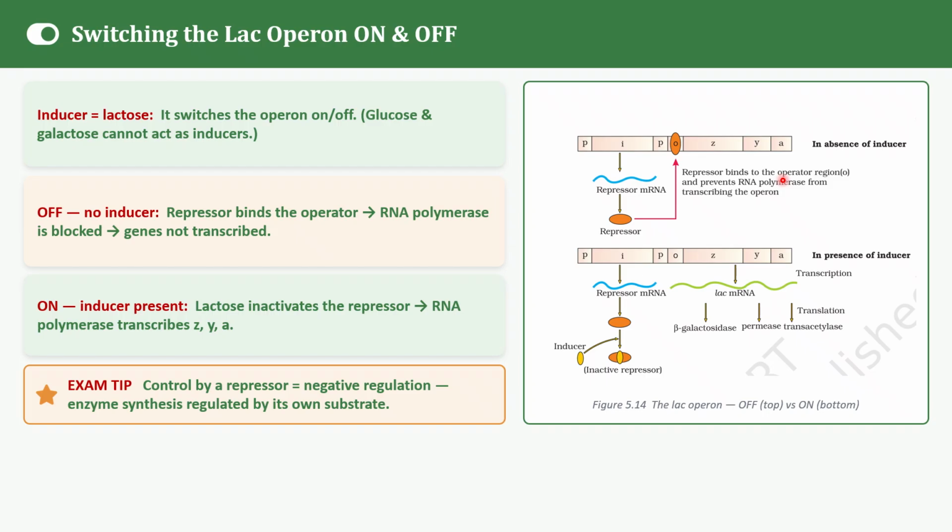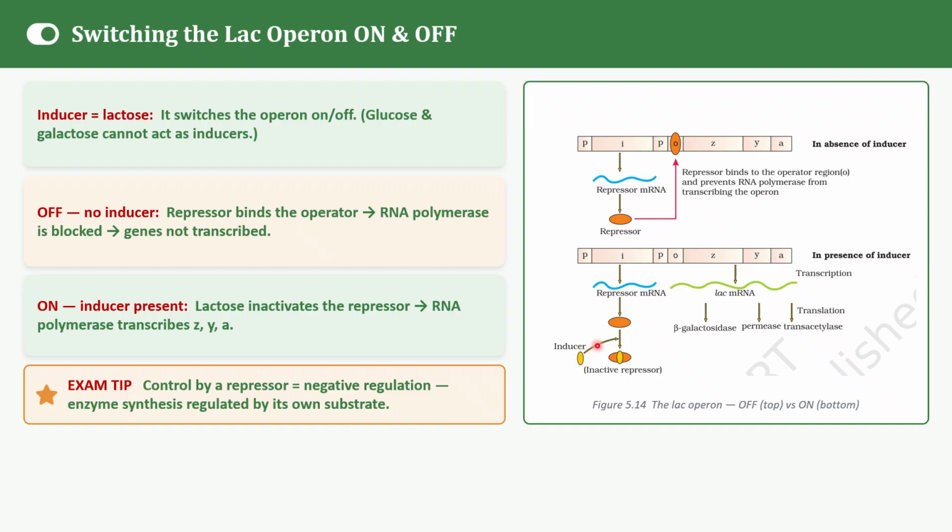Next let us see the on condition. When lactose is present, that is the on condition. When lactose is available, it enters the bacterial cell with the help of permease. Lactose or its isomer allolactose interacts with the repressor protein and makes the repressor inactive.